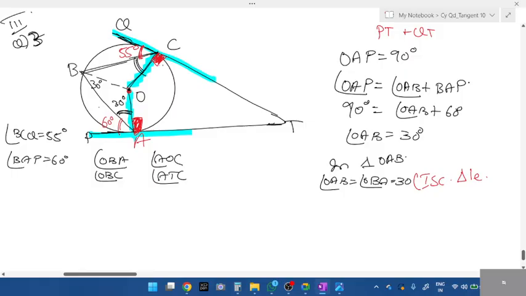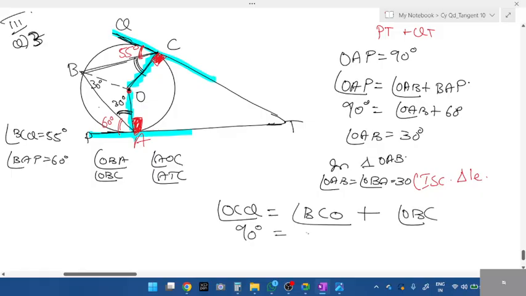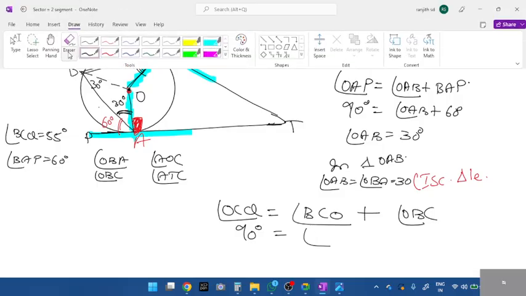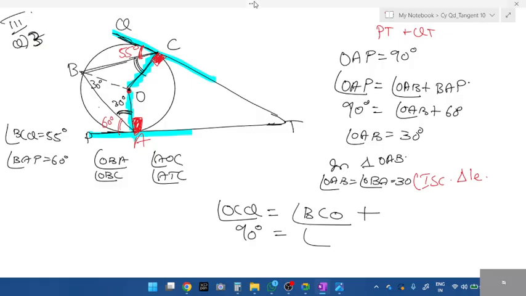And try even the other one, students. I want you to find BCO, right? BCO. For that, you need to write like this: OCQ is equal to angle BCO plus OBC. 90 degrees is equal to angle QCB.